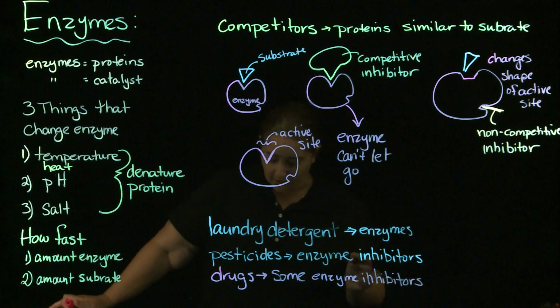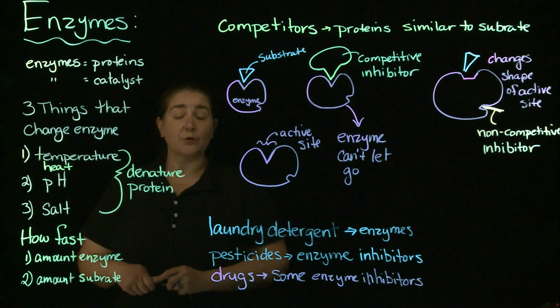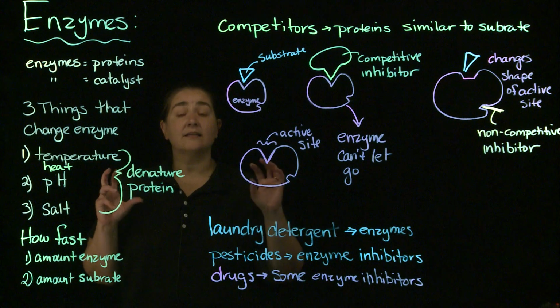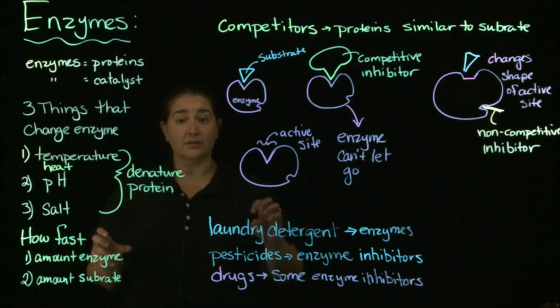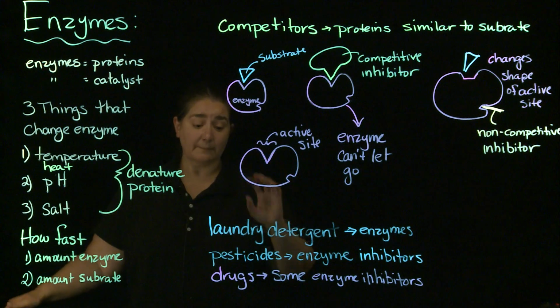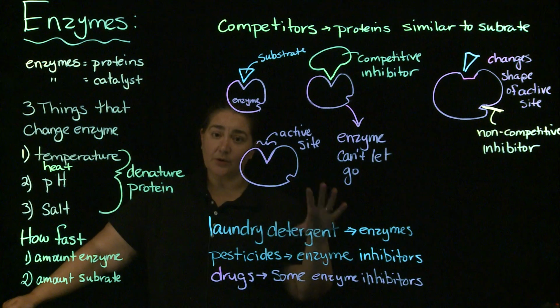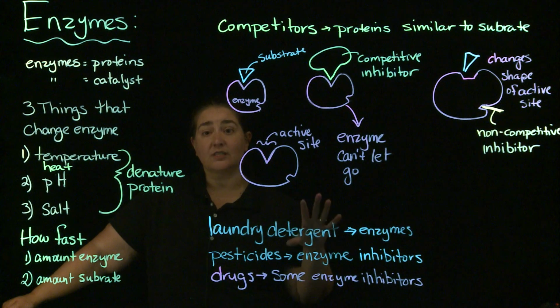All right? If you've ever taken ibuprofen, ibuprofen is a competitive inhibitor, all right? And in terms of that ibuprofen, what it's doing is it's inhibiting the production of a certain protein within the body called prostaglandins.